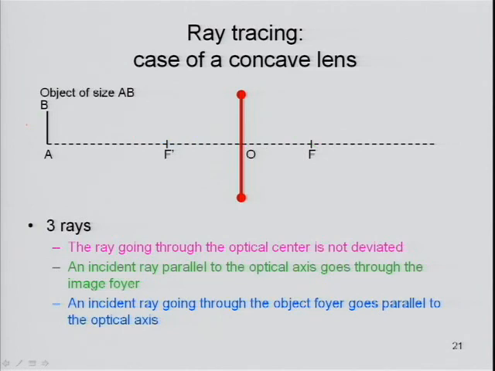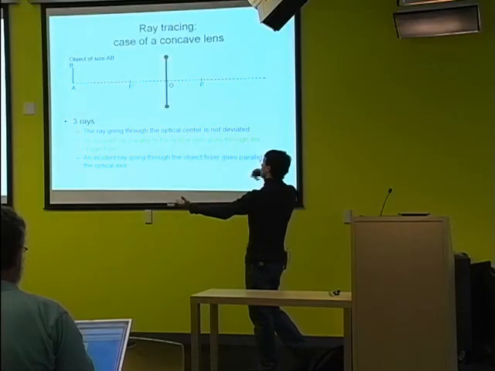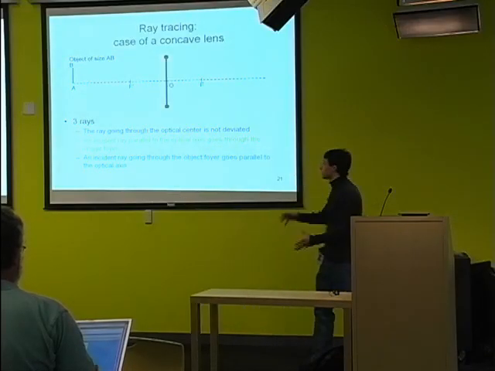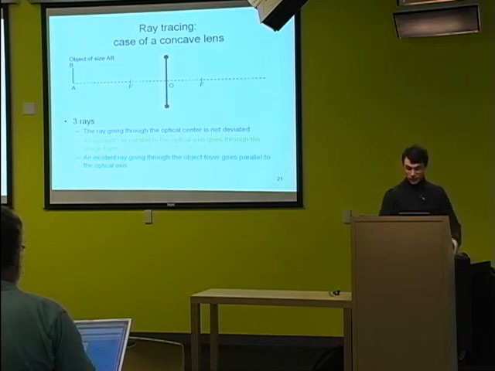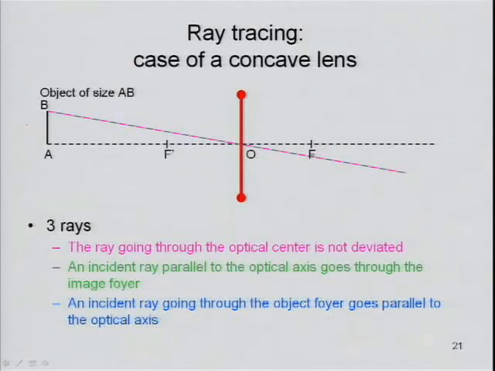So in the case of a concave lens, as opposed to the convex lens, the image focal plane is on the left side of the lens, whereas the object focal plane is on the right side. Same 3 rays: first ray going through O, not deviated; parallel to the optical axis, goes through the image focal plane, which on this side is on the left.